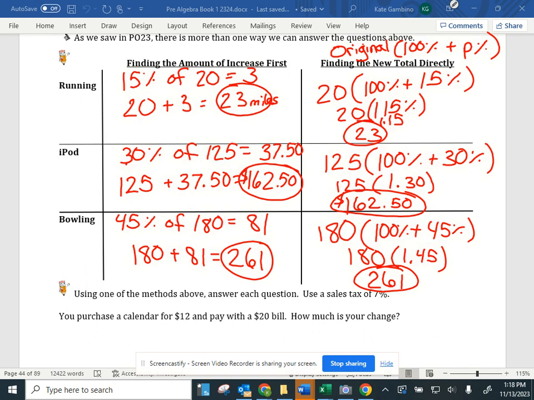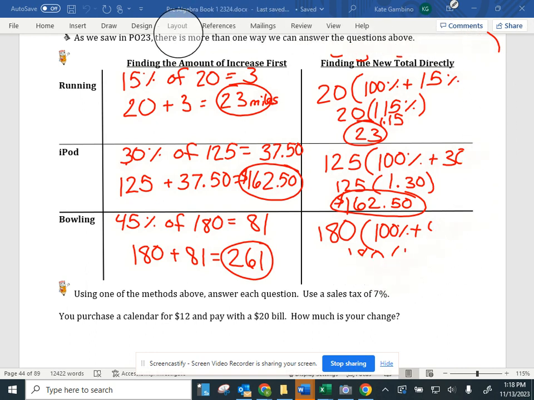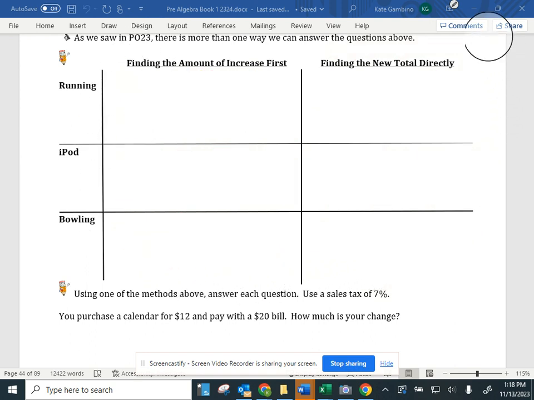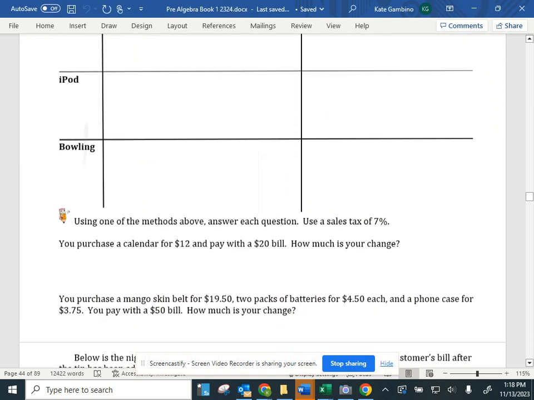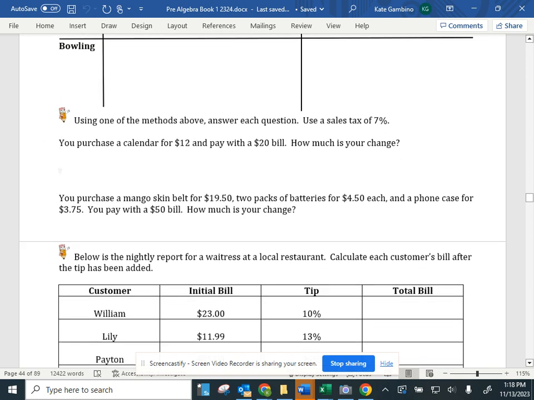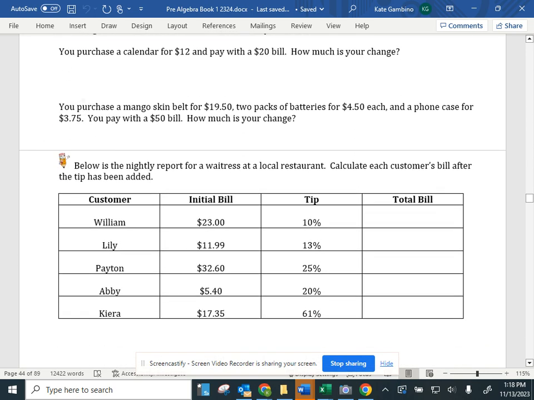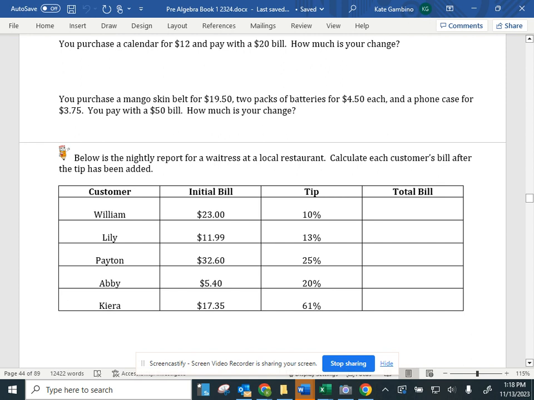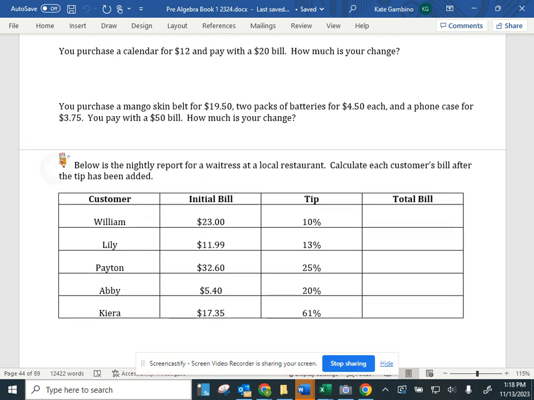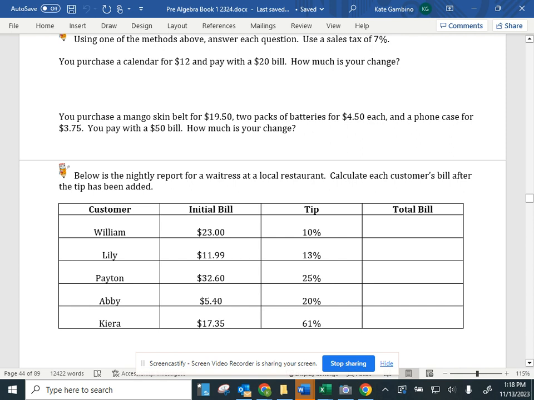Use a sales tax of 7%. So let me scroll up. You purchase a calendar for $12 and pay with a $20 bill. How much is your change? What do I have to do to answer that? Because remember, there is sales tax. So if you buy something for $12, is that all you have to give the cashier?